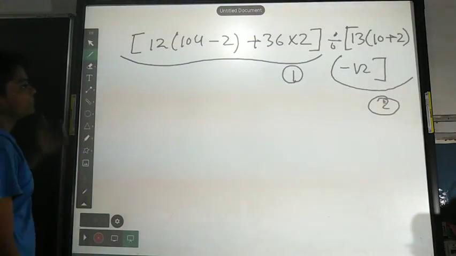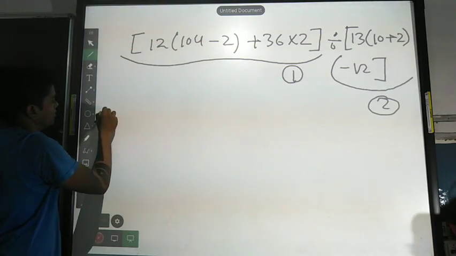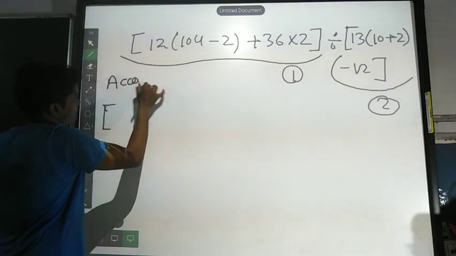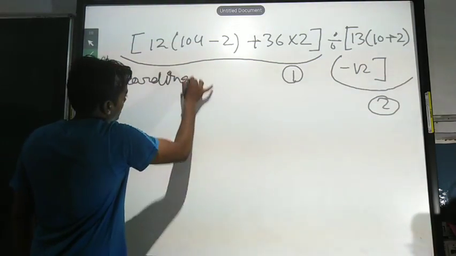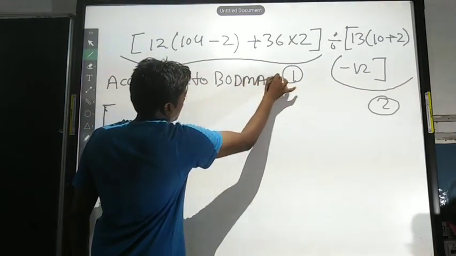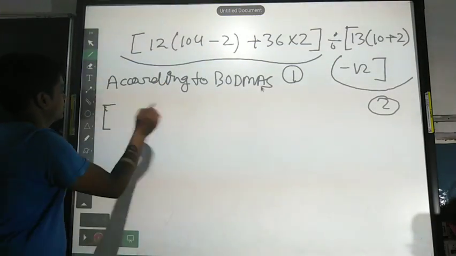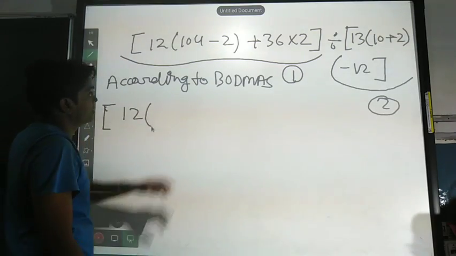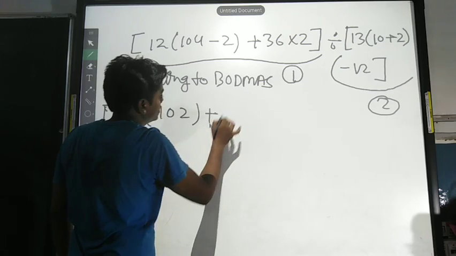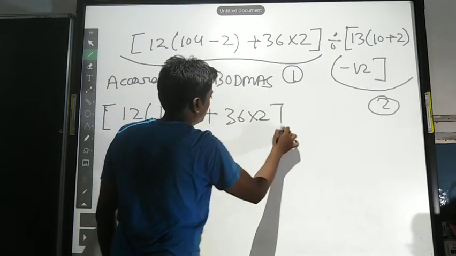Okay, so according to BODMAS, first of all we will solve the bracket. 12 inside the bracket: 104 minus 2, that will become 102, plus 36 into 2, bracket close.